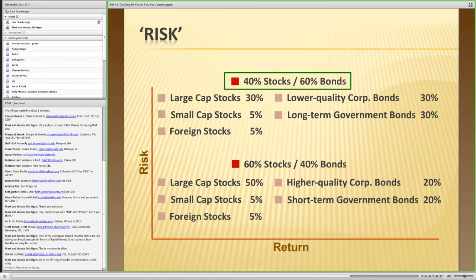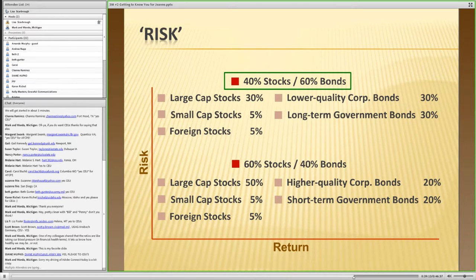Now, the riskier portfolio has 30% in large cap stocks, same percentages in small cap stocks and in foreign stocks, but look over at the bonds, and here's where the clue is as to why this is riskier, both from a potential standard deviation, just the wiggle in the return, and from a credit quality or interest rate risk.